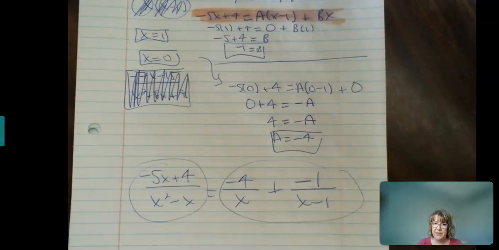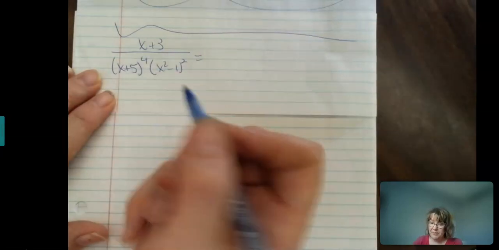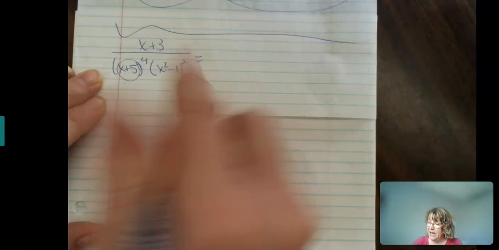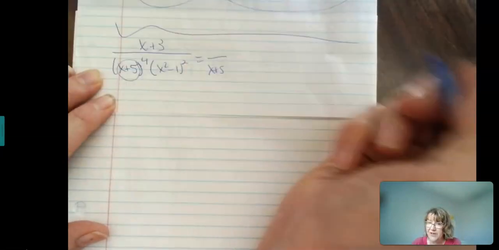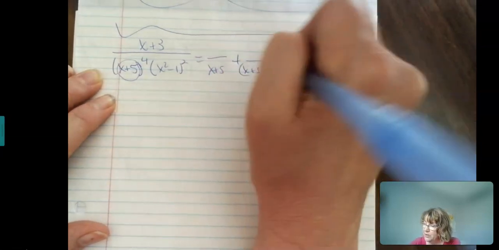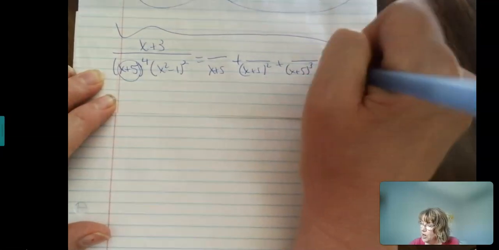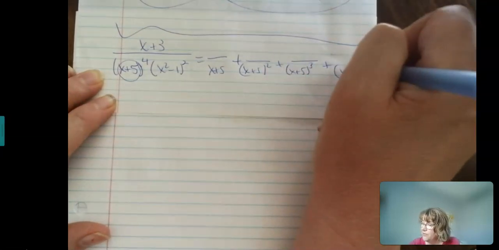We'll work our way up here. Let's try again. I'm going to pause and grab that other problem. Before I do the next one, in general, I want you to understand this: it is all about the base. Do you see how the base here is x plus 5? You have to have 4 things for that, because you don't know if it's x plus 5 to itself, x plus 5 quantity squared, x plus 5 cubed, or x plus 5 to the 4th.